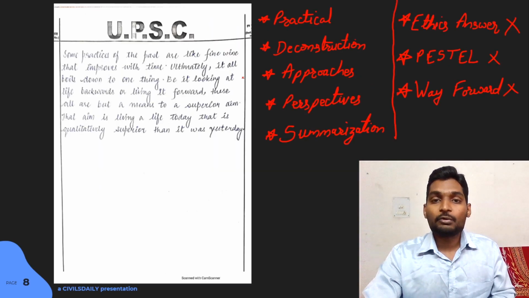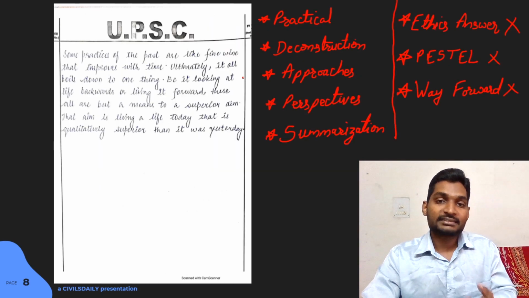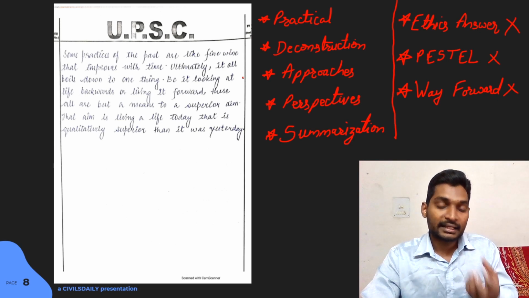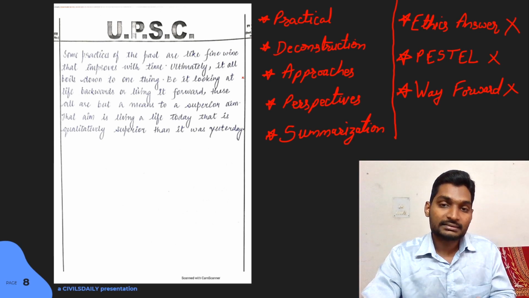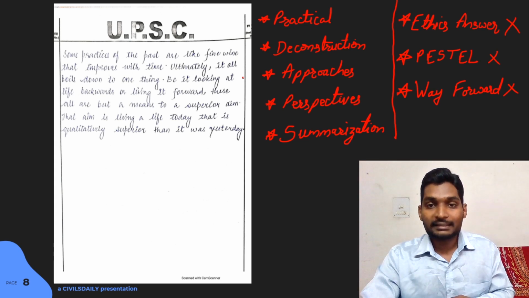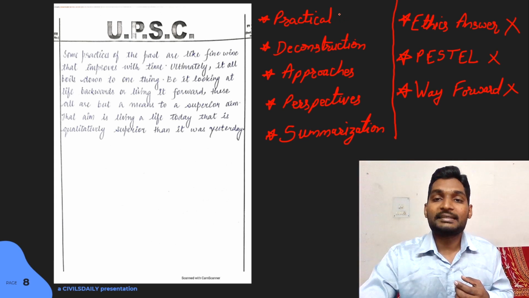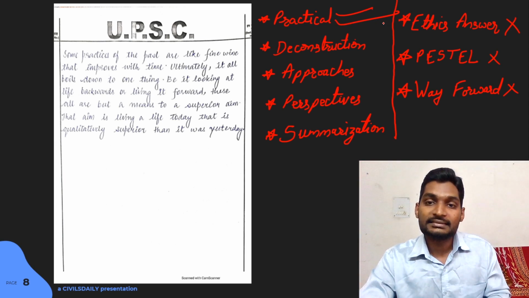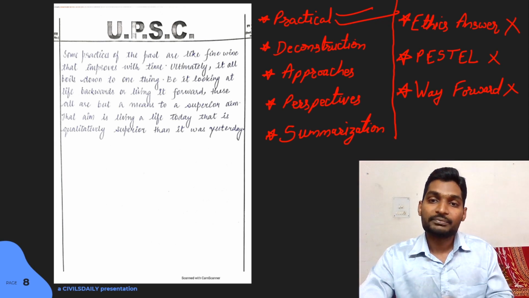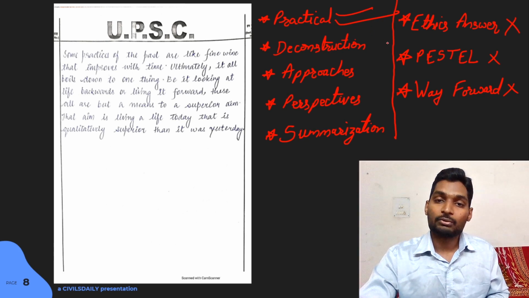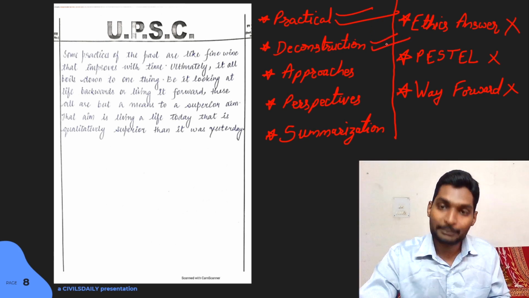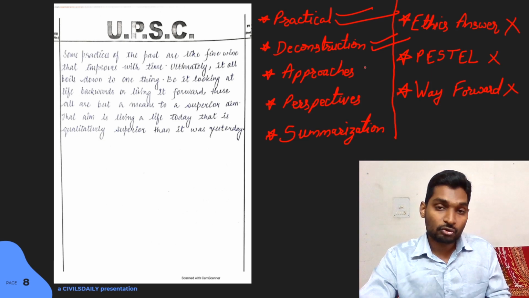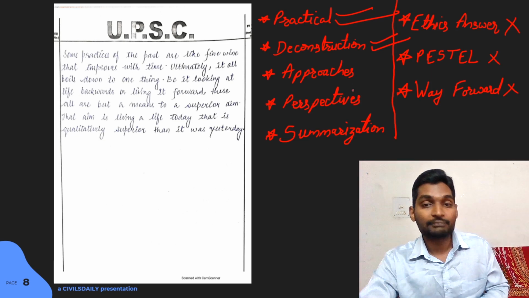So summing up, what fundamental aspects have we discussed that are likely to fetch higher marks for you? Number one, keeping the essay on practical lines and rooted in ground realities, in the real world. Second, we have talked about deconstruction, the second paragraph, which we also call our definitional paragraph.